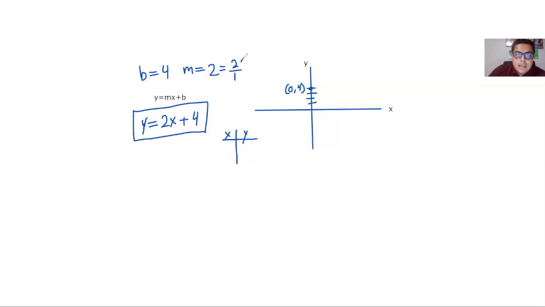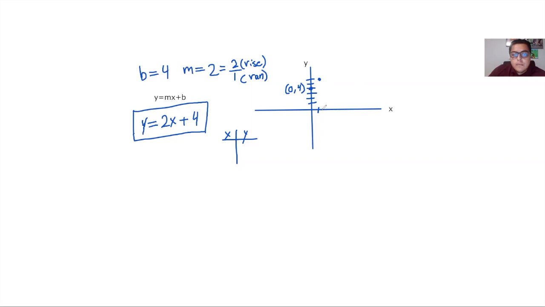And if this is our rise, and this is our run, that would mean that for every 1 that we go to the right, we would go up 2. So if we wanted to, we can simply go up 2 and then to the right 1. And this is where our second point on our graph would be.